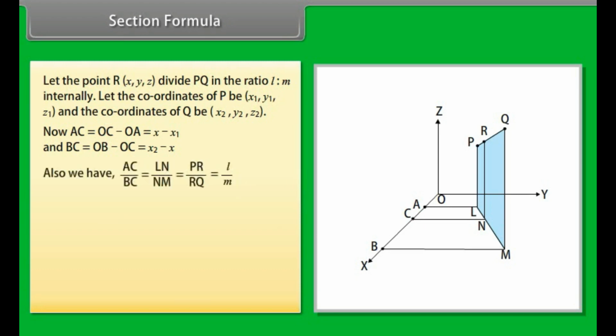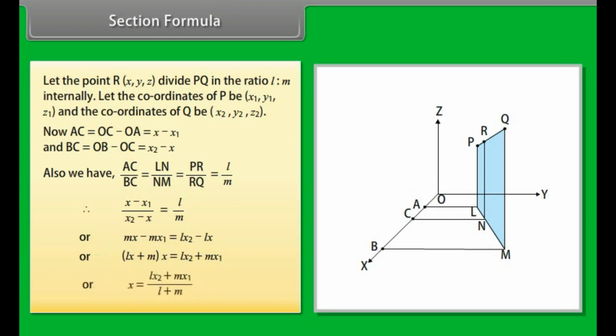Also, we have AC by BC equals LN by NM equals PR by RQ equals l by m. Therefore, (x minus x1) by (x2 minus x) equals l by m. On solving, we get x equals (l x2 plus m x1) divided by (l plus m).